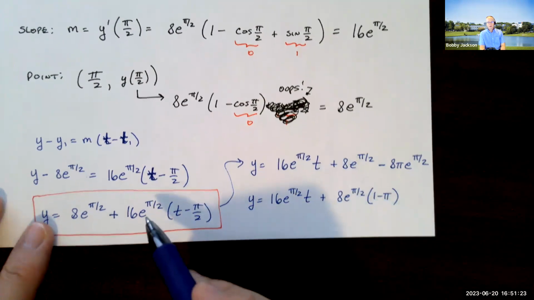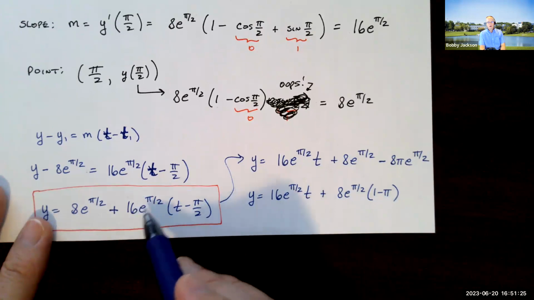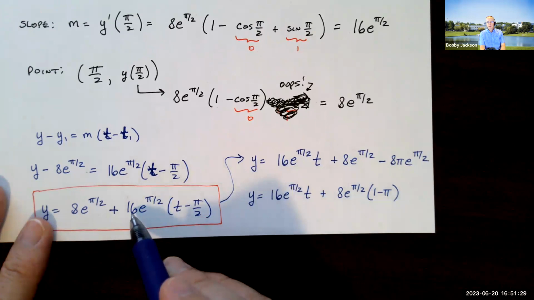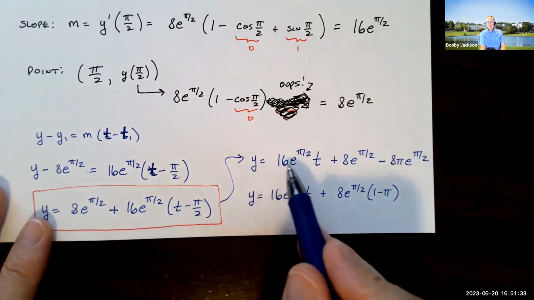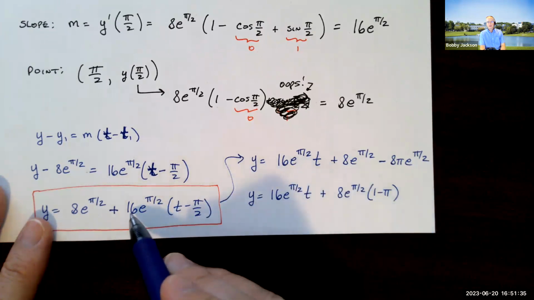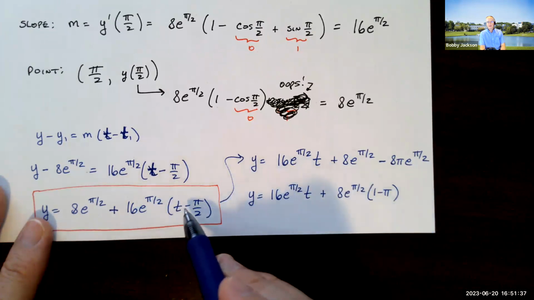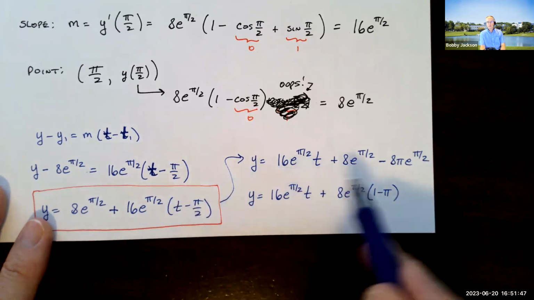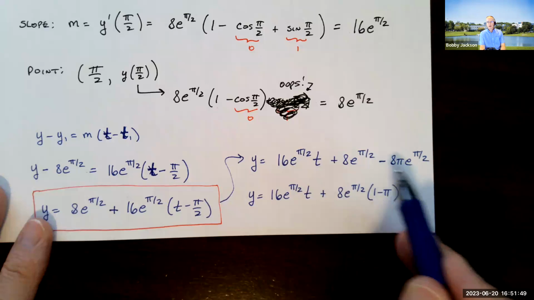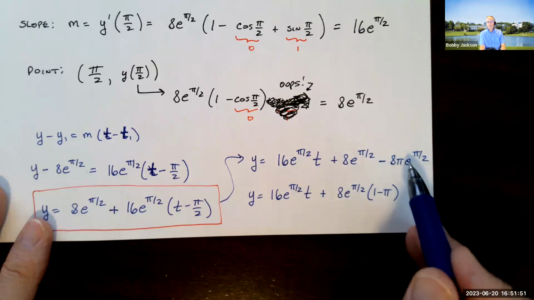You can do a couple things. Obviously, we normally distribute the slope through here, which I've done: 16e to the pi over 2 times t right here, and then 16e to the pi over 2 times a negative pi over 2. So 16 times pi over 2, 2 goes into 16 eight times, I get 8 pi e to the pi over 2.